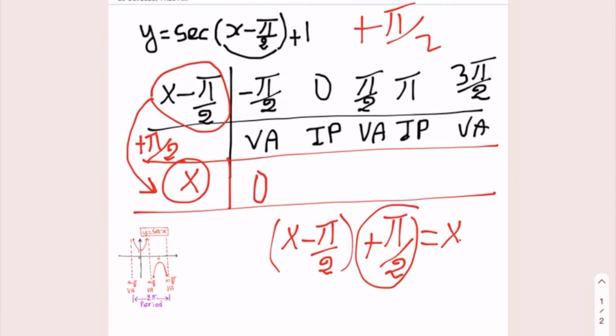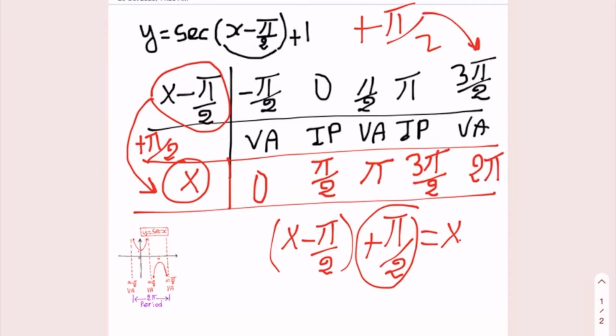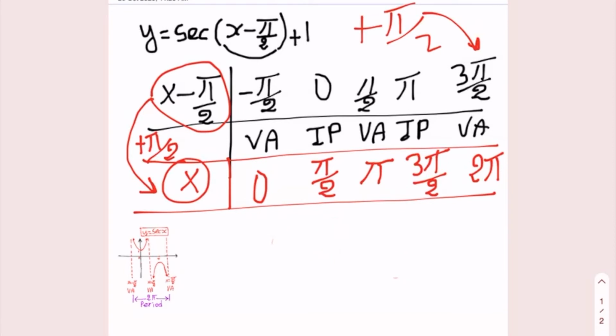We add to 0 and we get pi over 2. We add to pi over 2 and we get pi, since pi over 2 plus pi over 2 equals pi. And we add it to pi and we get 3 pi over 2. Just addition. And finally, we add pi over 2 to 3 pi over 2 to get 2 pi after simplification. Now we have the values of x. These are the values of x we need for the graph.